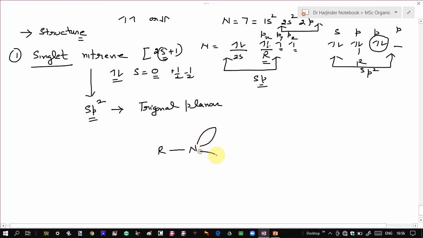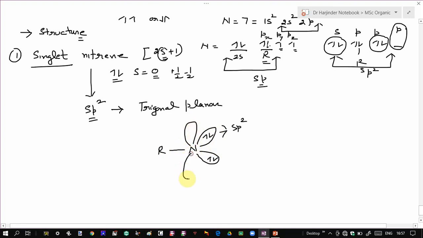And this is also sp2 hybrid orbital. So in one sp2 hybrid orbital, you have this non-bonded electron, or you can say lone pair of electrons, and in another you have this one. So this is sp2 hybrid orbital, and there's one vacant p atomic orbital which is present perpendicular to the plane of these sp2 hybrid orbitals.